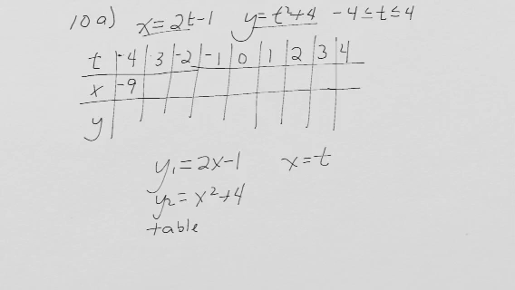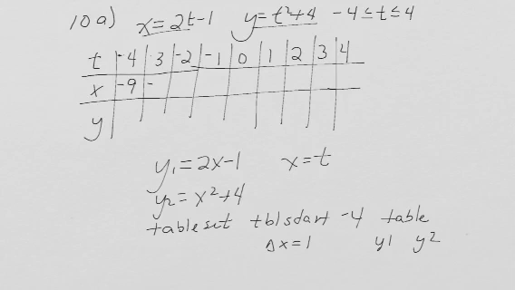We want our table start to be -4, and we need delta x to be equal to 1. Then we can hit second table, go into our table, and it'll give us y1, and it'll give us y2, and it'll list out all of the answers here.